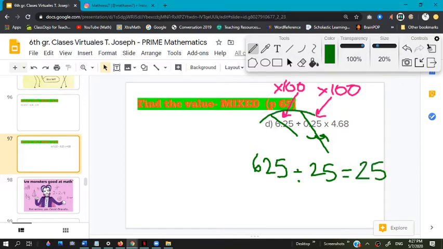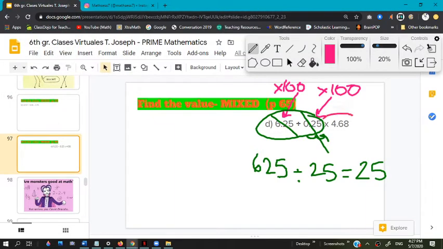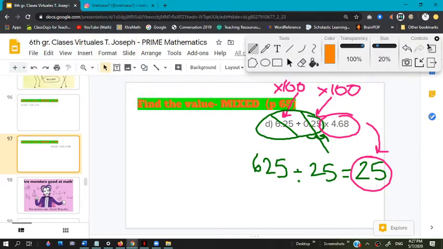We are now finished with the first part of the problem, but we still have to finish the second part, the multiplication. So we're going to multiply 25 times 4.68. Let's do that right over here in orange. So we have 4.68 times 25.